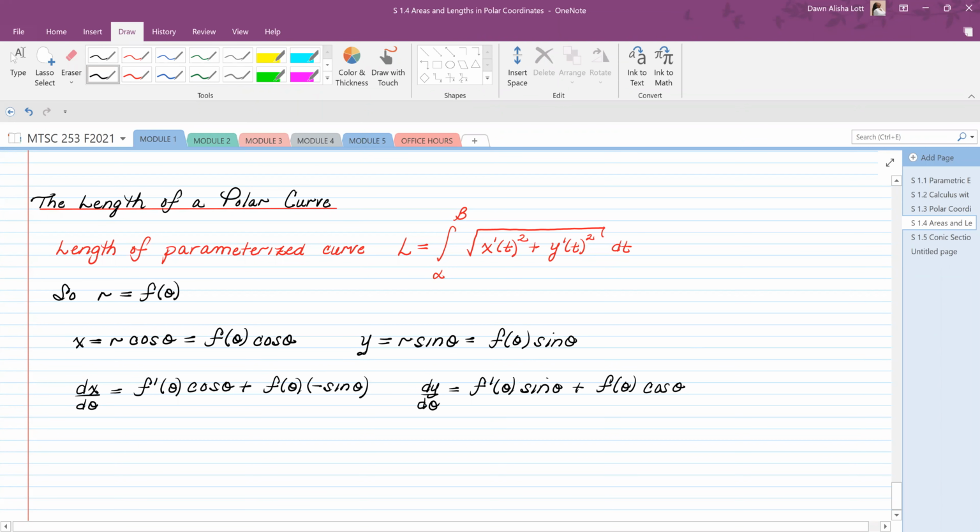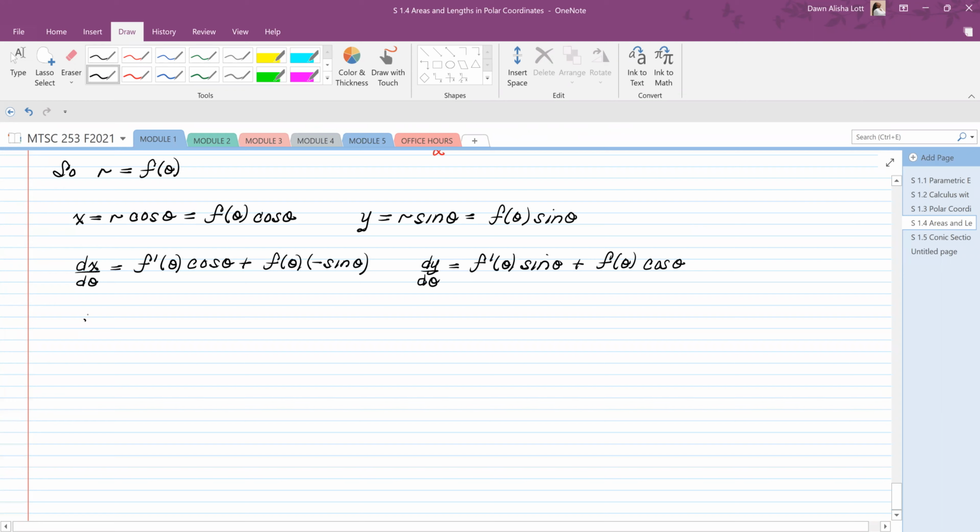So now dx d theta squared becomes f prime of theta squared cosine squared theta minus 2 times f of theta, f prime of theta, sine theta, cosine theta, plus f of theta squared times sine squared of theta.